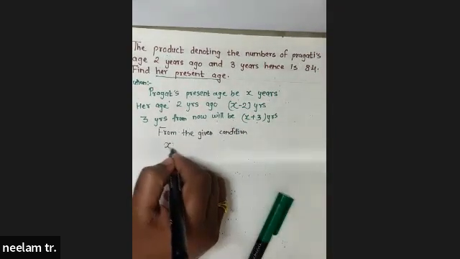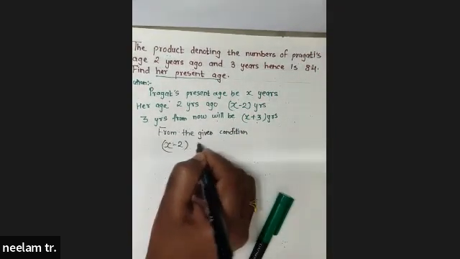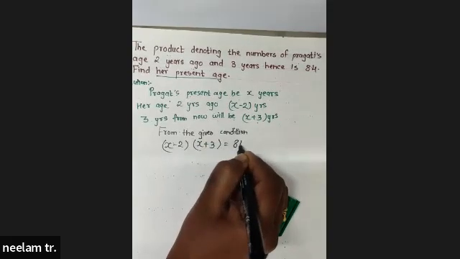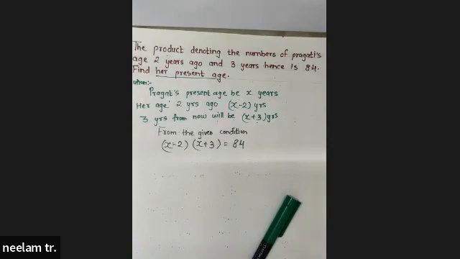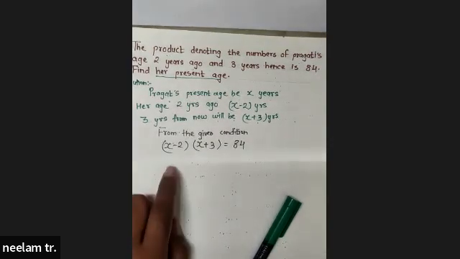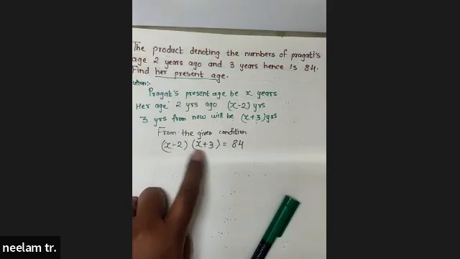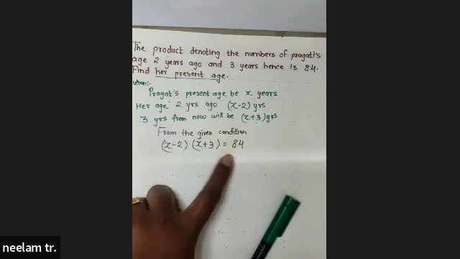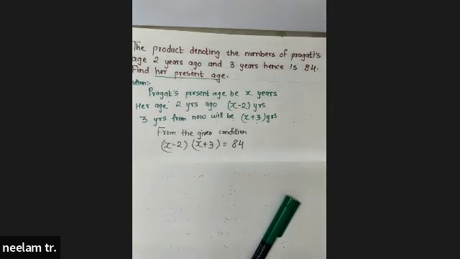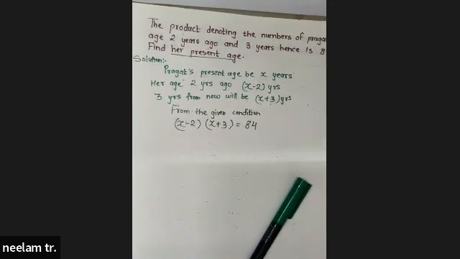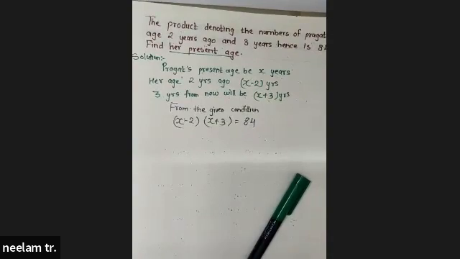So (x minus 2)(x plus 3) is equal to 84. It is given that the product of these numbers, meaning their multiplication, will give you 84. I hope this much is clear to everyone. Is this much clear to everyone?